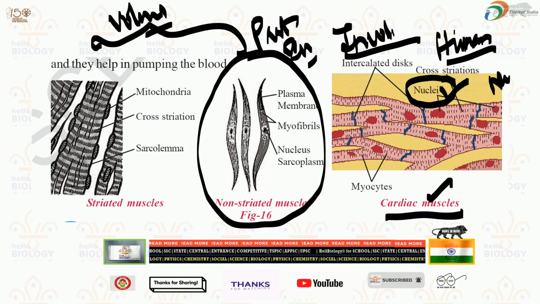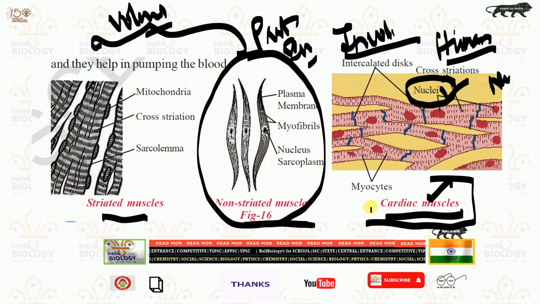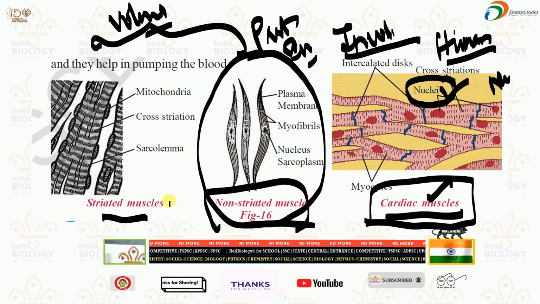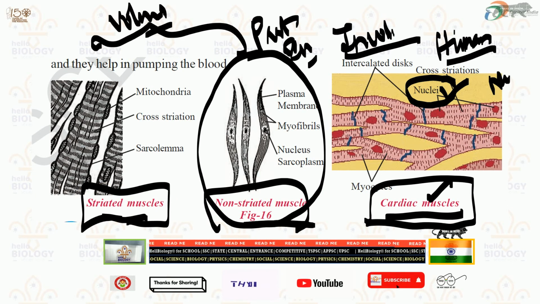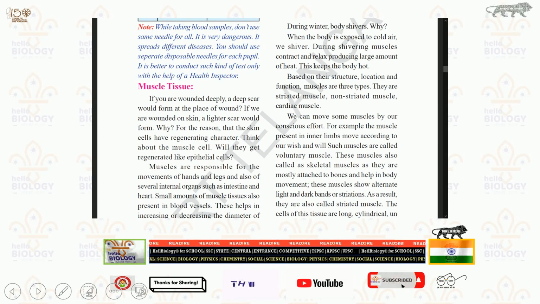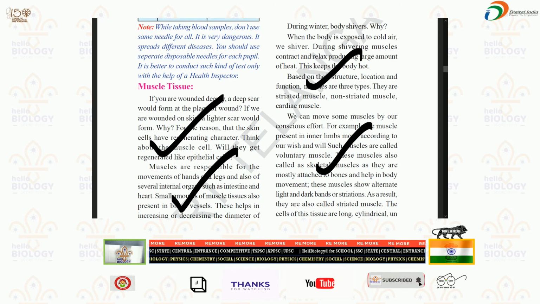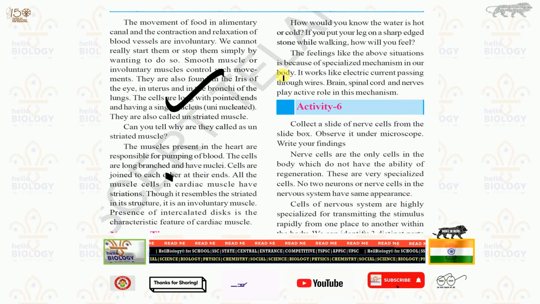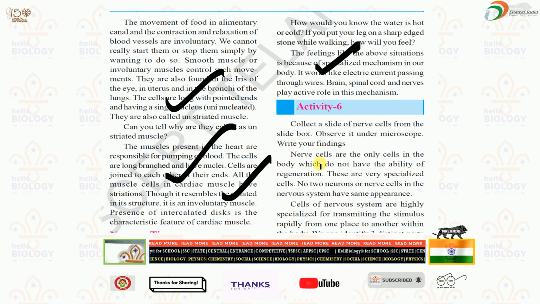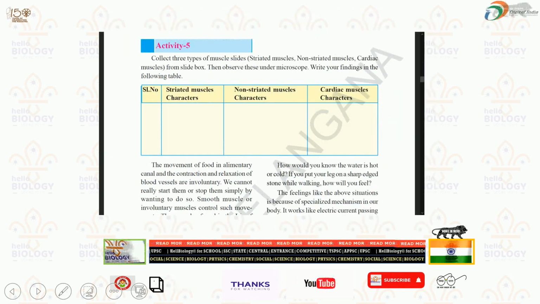After understanding the three types of muscles, striated, non-striated, and cardiac, there is an activity, a tabular column in your textbook, that you need to complete. By using this text, you need to fill in the tabular column.